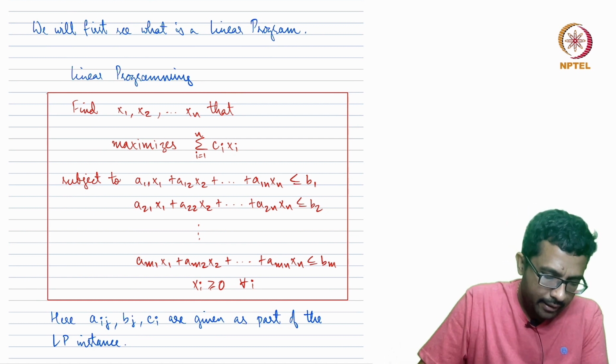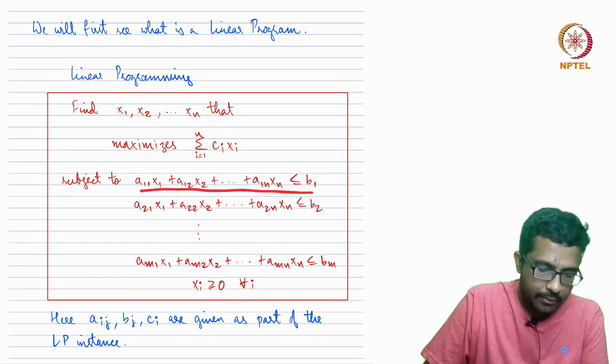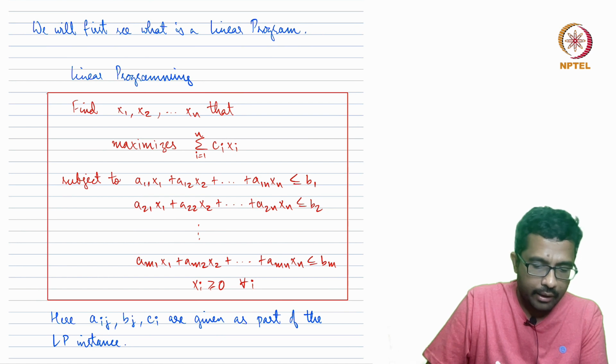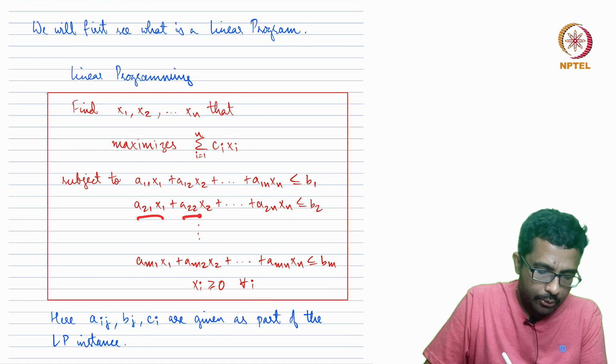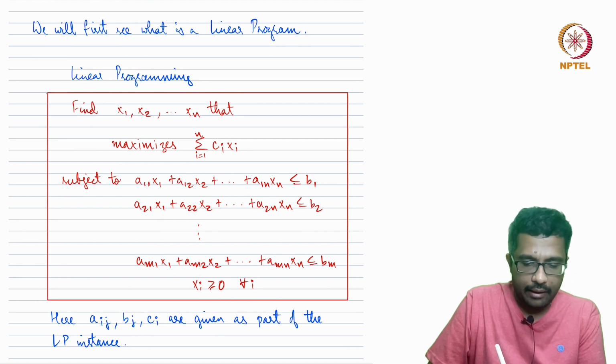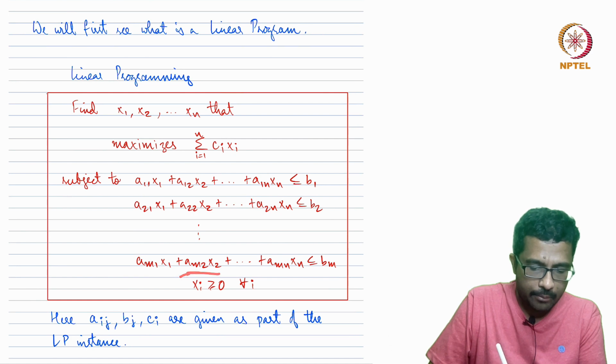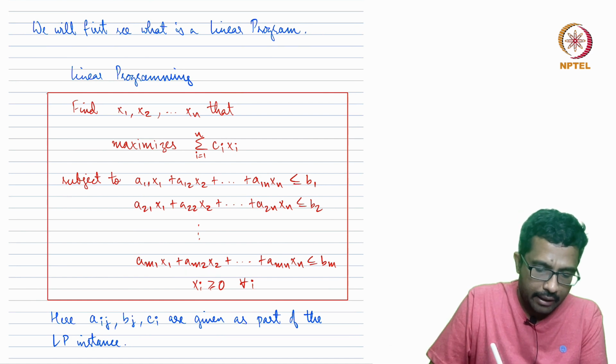So the constraints are like a11 x1 plus a12 x2 up to a1n xn less than or equal to b1, a21 x1 plus a22 x2 and so on less than or equal to b2, and so on up to am1 x1, am2 x2 and so on less than or equal to bm.